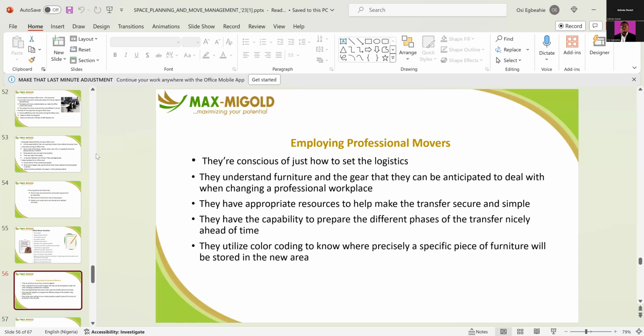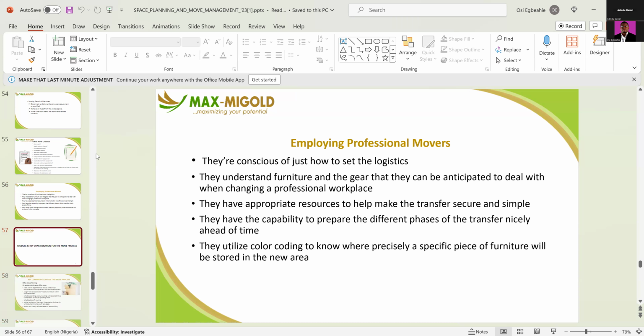They have appropriate resources to help make the transfer secure and simple. They have the capacity to prepare the different phases of the transfer nicely. They utilize color codes to know exactly where a piece of furniture will be placed in the new area. They know that job, so just allow them to.